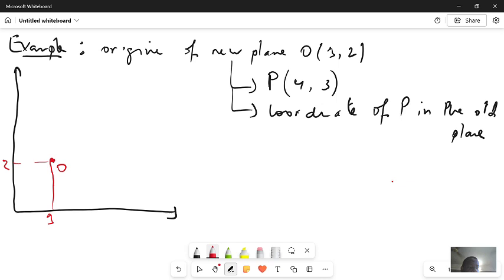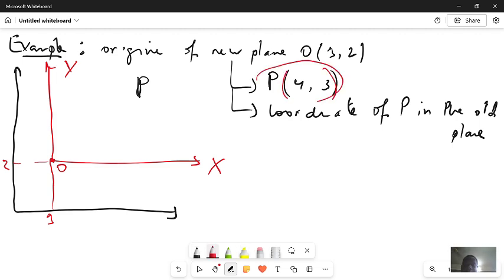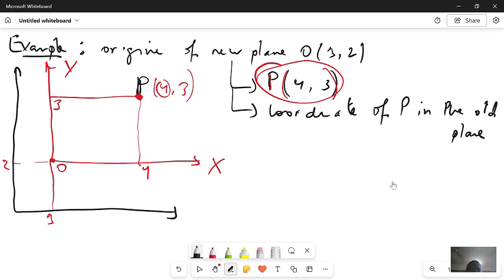So that is O, with the new axes capital X and capital Y. Now the point P, here in red, is the coordinate of point P in the new plane. So point P has a value of 4 in X, and a value of 3 in Y. Now I need the coordinate of P in the old plane, the small x and the small y.